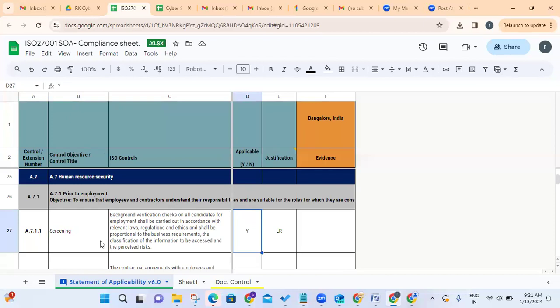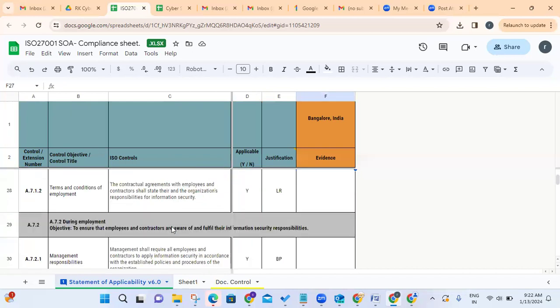So that is the first thing on the HR side. Now we have to speak with the HR team about how they are screening the resume of any candidate, fresher or experienced one. We have to ask the security side how they are screening it. So we have to gather the evidences and attach the evidence.